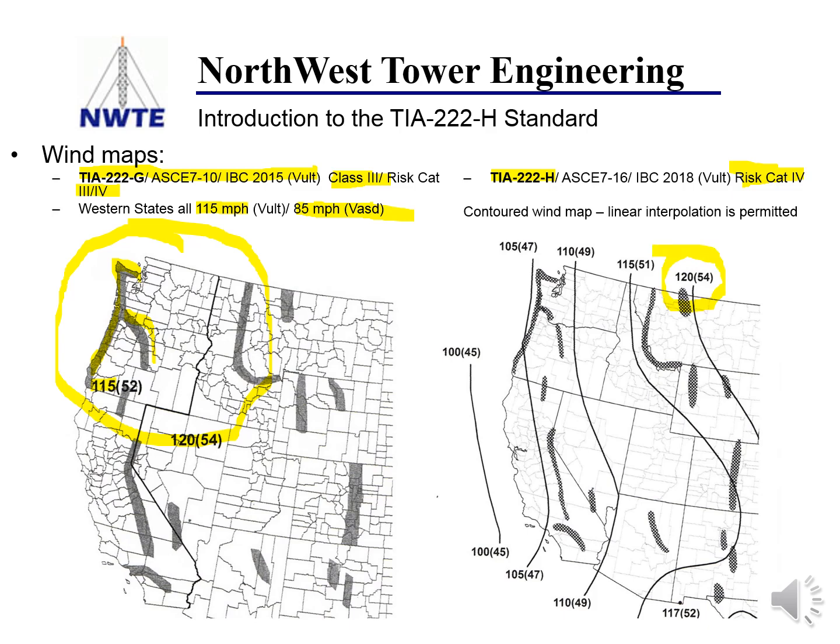The maps cover all of the US. I've just given the West Coast here. So we're going from 100 to 120. And if we just look at an example, somewhere in Washington, it's 110 miles an hour, whereas before we were using 115. So you can see, even with this most onerous of wind maps, that we have dropped off the wind speed.